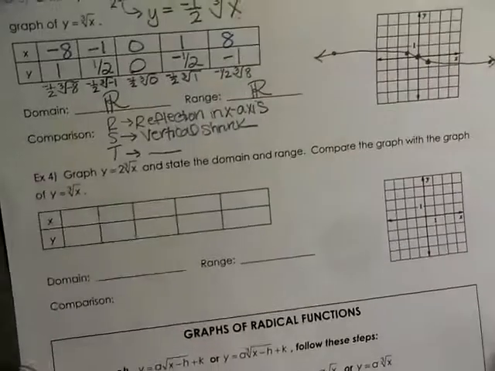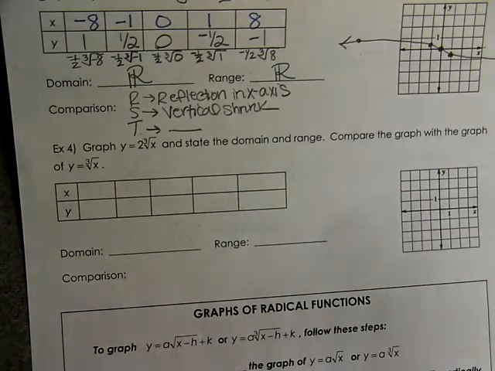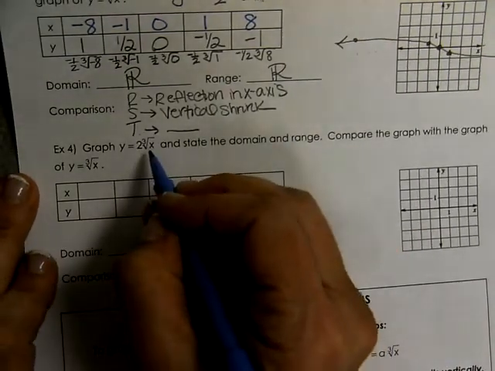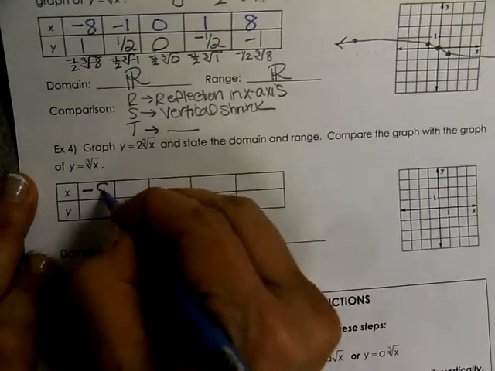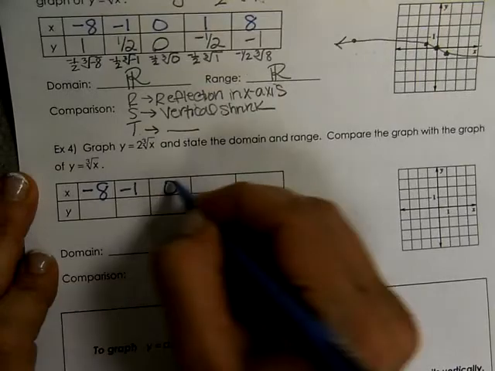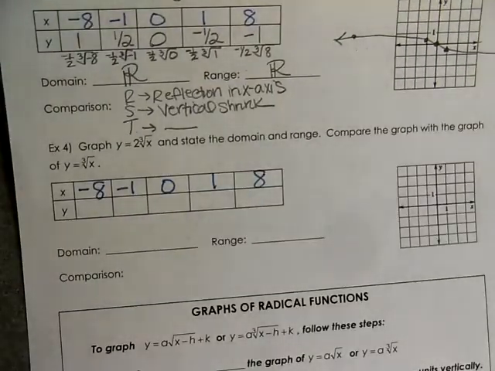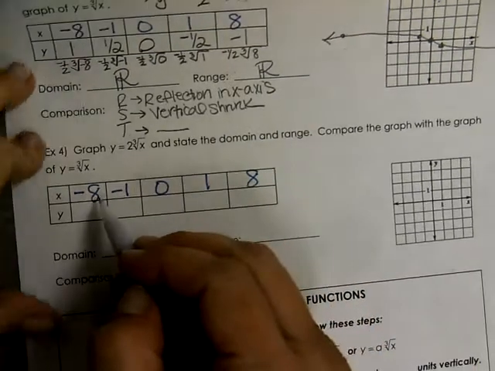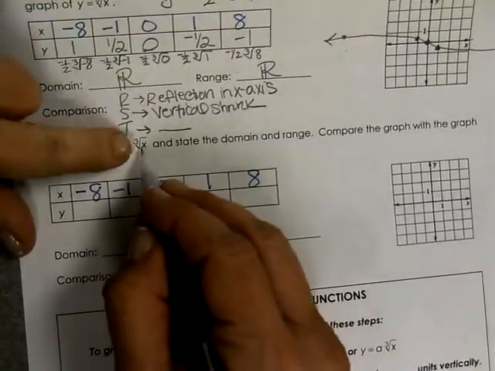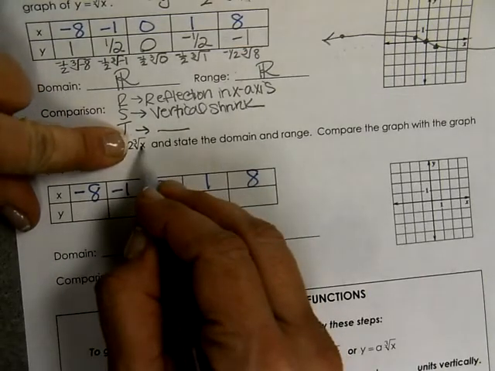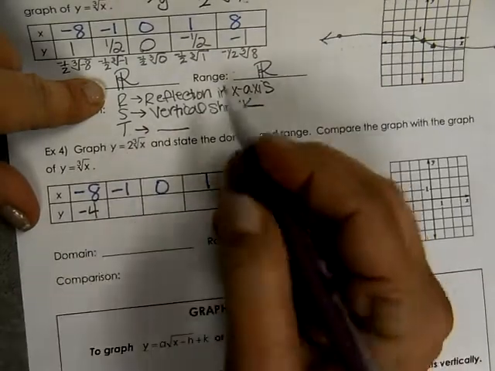So example 4 is going to be similar. I'm going to go quickly through this. We're dealing with the cube root of x. Cube root means we're going to use -8, -1, 0, 1, and 8 every time. And now we're going to substitute these different values in. I won't write this one out. So I'm going to take the cube root of -8, which is -2, times 2 is -4.